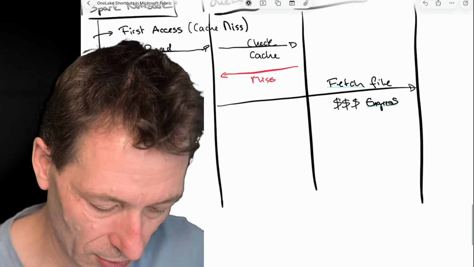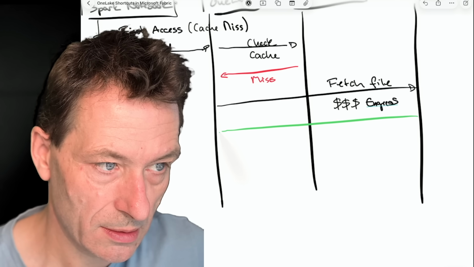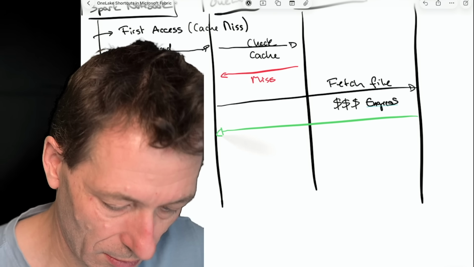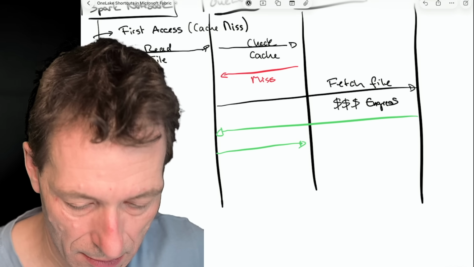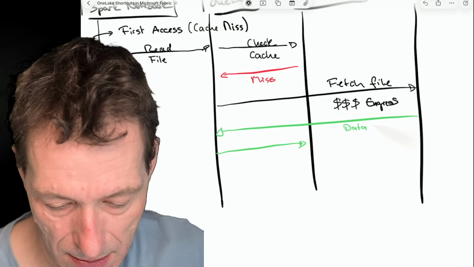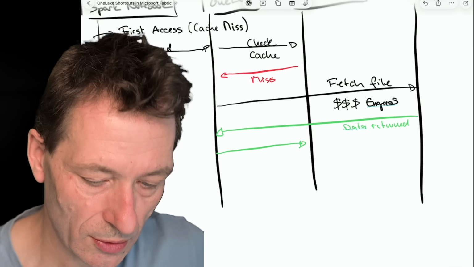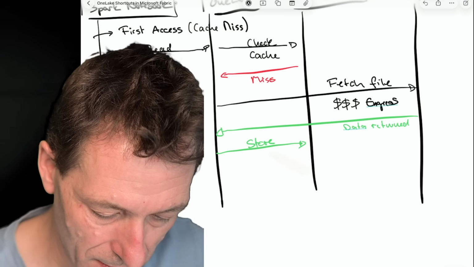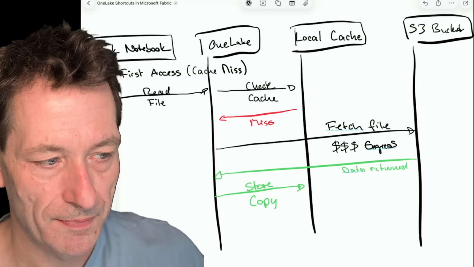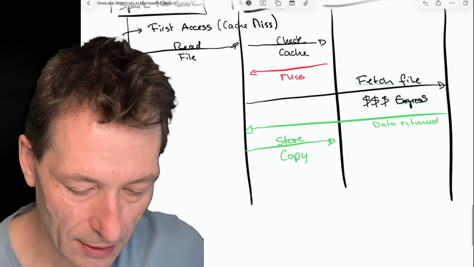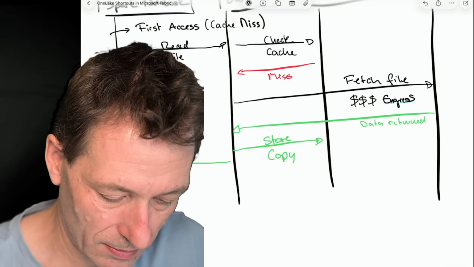So data is returned. All good. Into OneLake. And OneLake stores a copy. So data returned. And OneLake then stores a copy in our local cache, obviously. So now, well, and the data is returned back to our notebook.